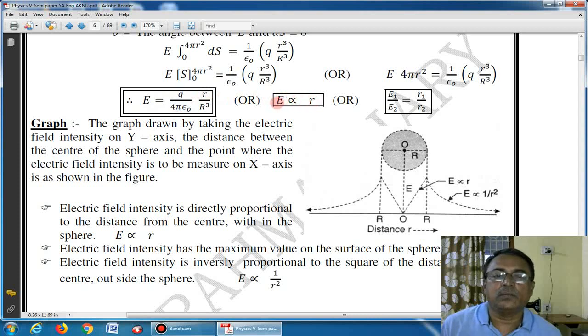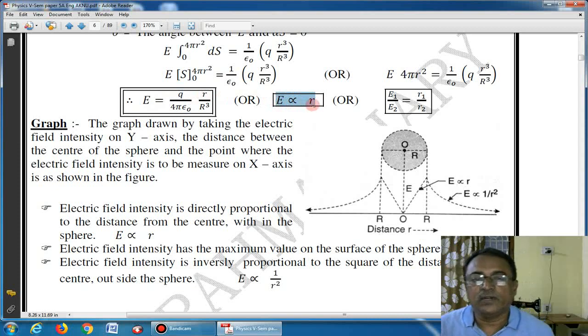So E is directly proportional to r, and we can also write for electric field intensities at two different points, E1 by E2 is equal to r1 by r2. So within this sphere the relation is E is directly proportional to r, and outside the sphere the relation is E is inversely proportional to r square, or E is directly proportional to 1 by r square.